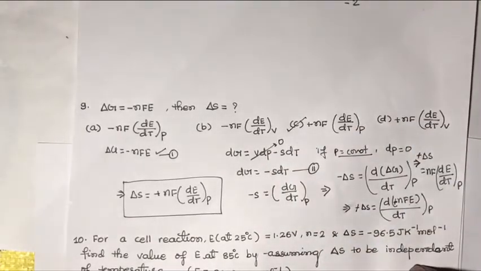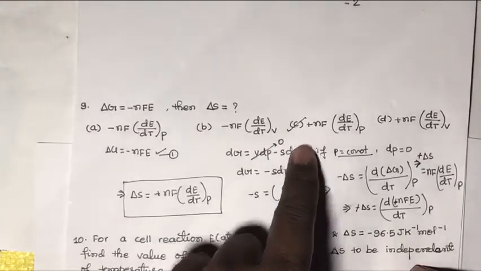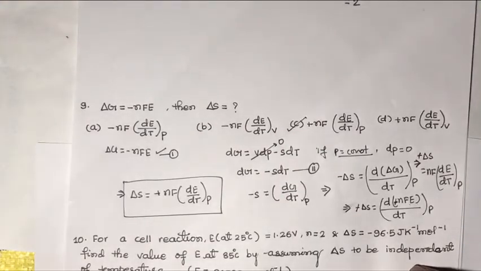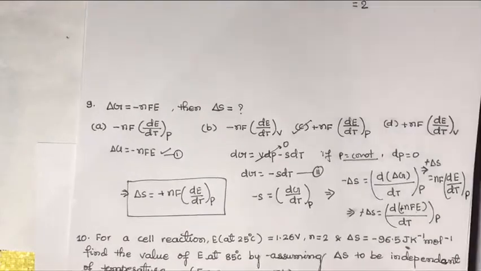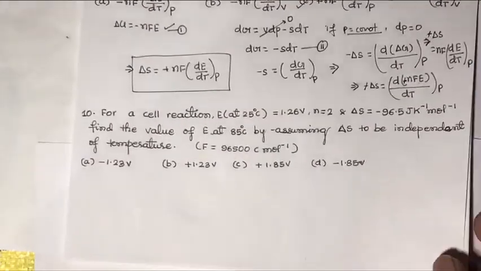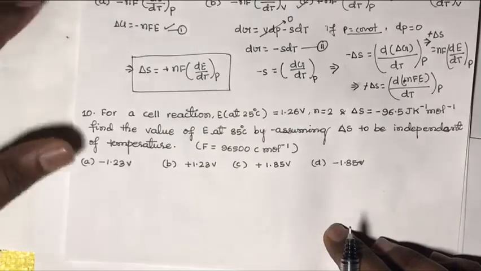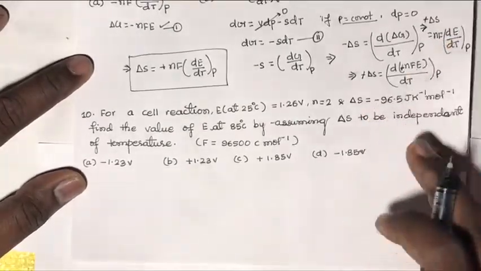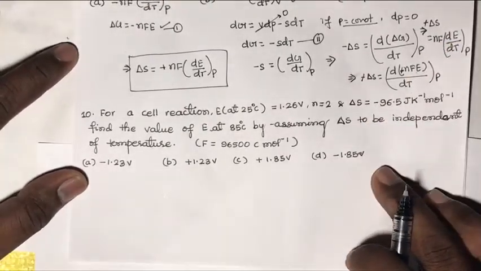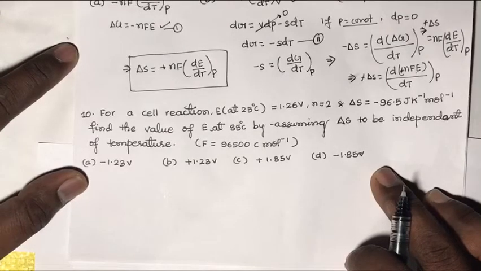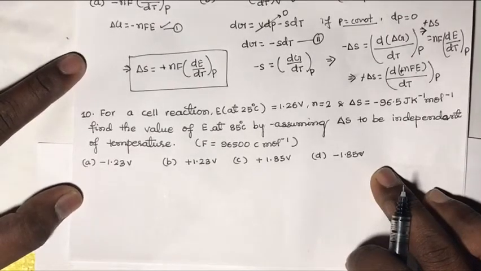So we have to remember delta G equal to minus NFE cell and delta G naught equal to minus NFE naught cell, and delta S will be equal to NF dE upon dT at constant pressure. Let's come to the next problem, and the problem is this: for the cell reaction, the EMF of the cell at 25 degrees centigrade is 1.26 volt, where N is equal to 2 and delta S is this much.